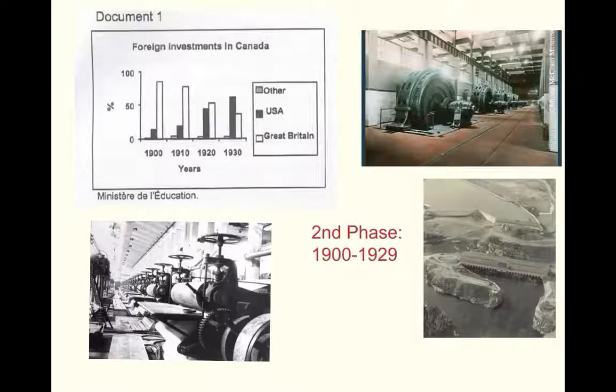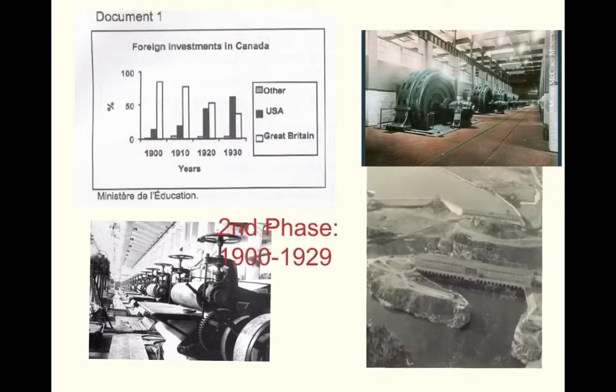Quebec has a large number of waterways, and it was this resource that helped develop hydroelectric dams. The electricity was then directed towards the cities and to factories and used for production. An example which you can see is the dam right here in the lower right.